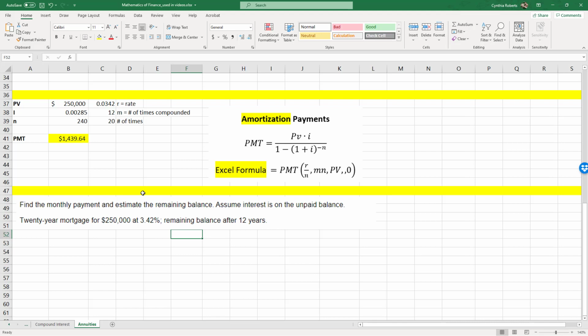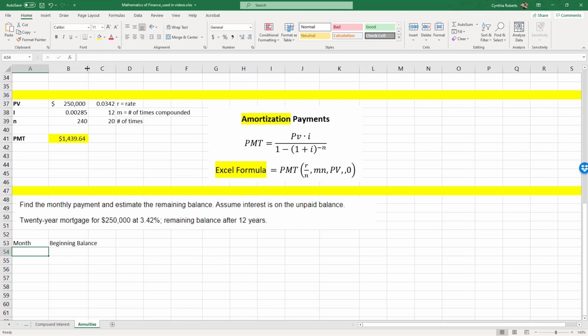So notice that there is interest each month, because it's a monthly payment. And so after 12 years, 12 times 12 would be 144 months. So what we do is we set up this schedule. And I simply started with the month, a beginning balance.